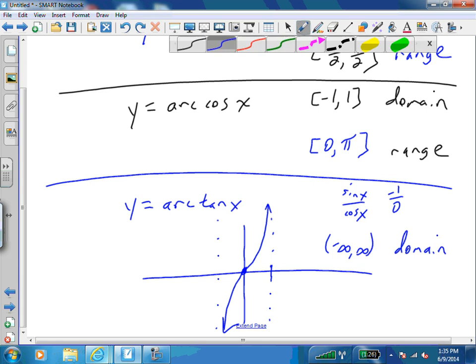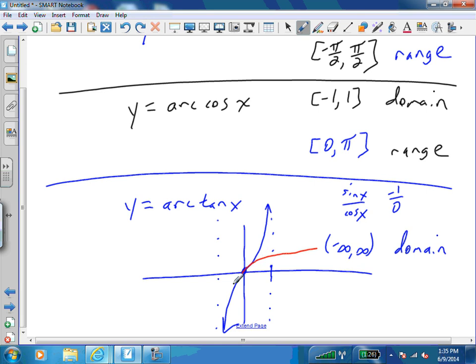If we were to lay this on its side, we would get that. That goes from -infinity to positive infinity. Our range goes from -pi halves to pi halves.